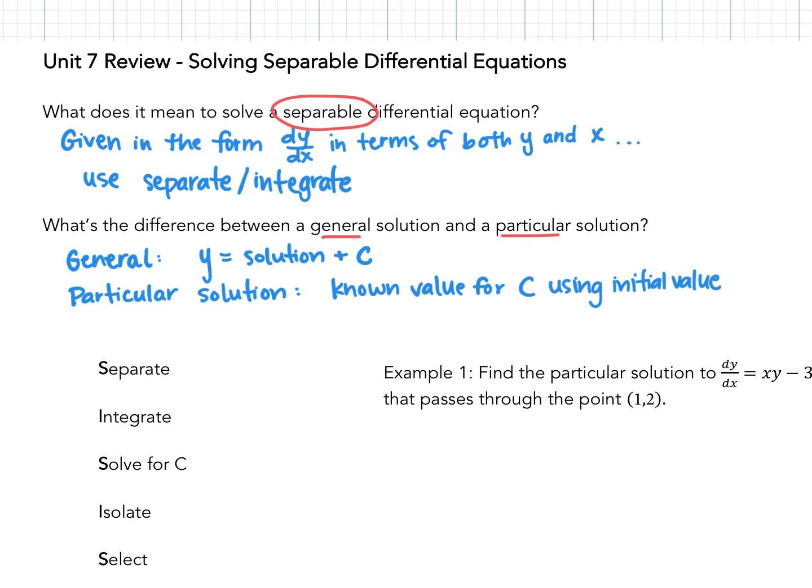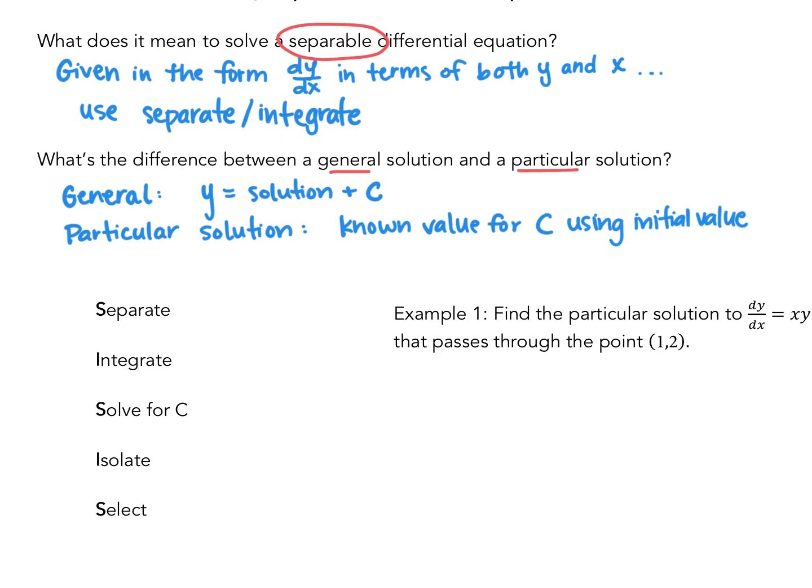So we can take the idea of separate and integrate, and we can add a few extra letters to it. We can say separate, integrate, solve for c, isolate, and then select: SISIS. So you know what separate and integrate is. You solve for c is the third thing.